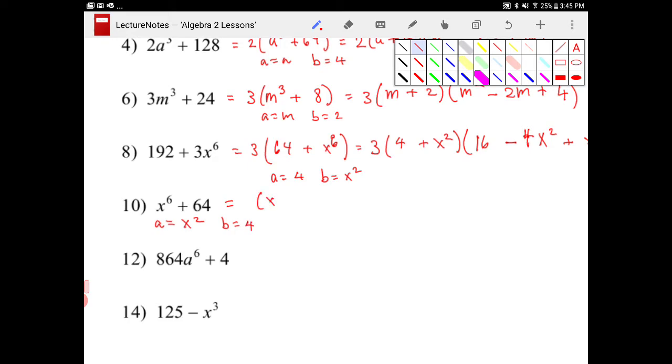So this turns into x squared plus 4 times x squared squared minus a, which is x squared times 4, or minus 4x squared, and then plus b squared, which is 16.